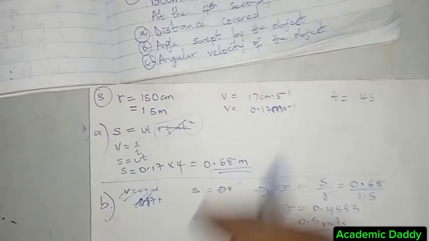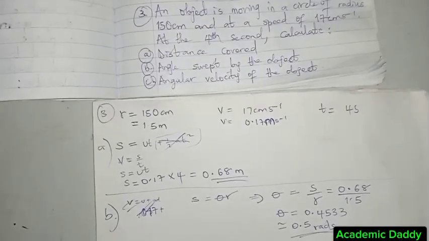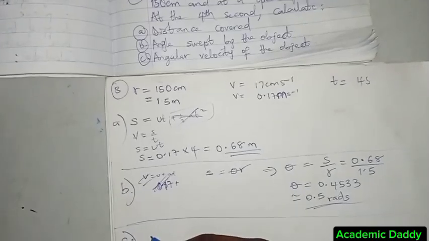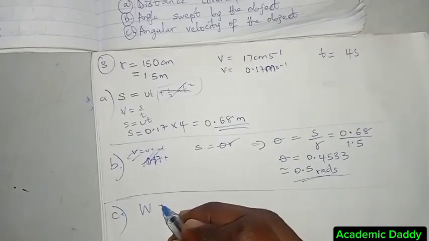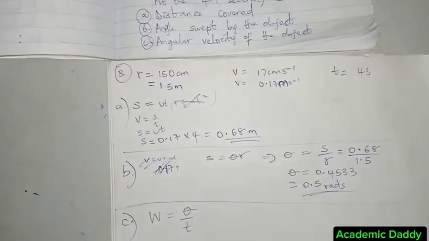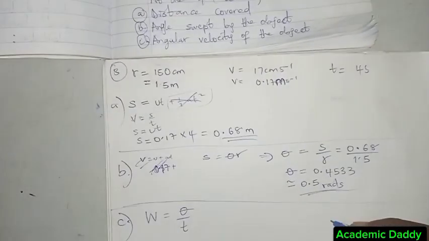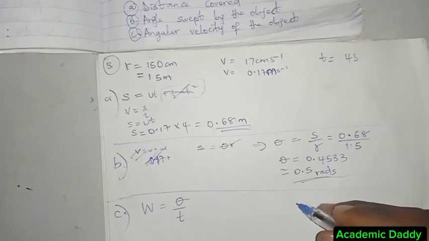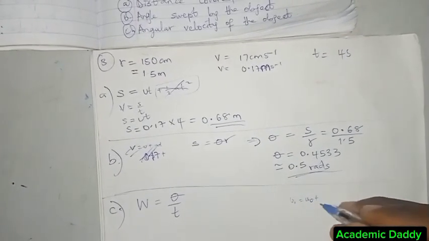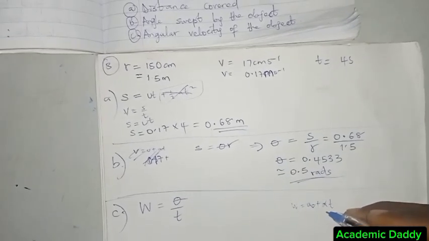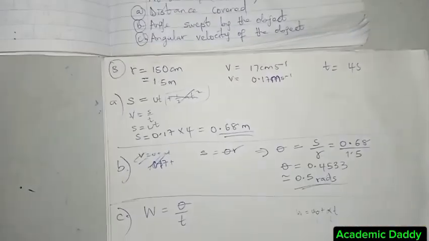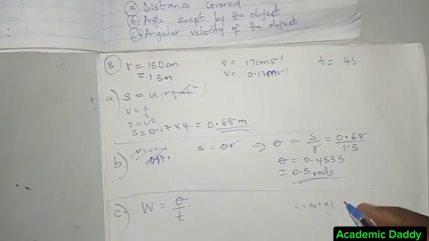Now, next one is angular velocity of the object. The angular velocity omega w is equal to theta over t. I don't have a, that's the reason. I could have used w equals w0 plus at, but notice that I don't have a, but I have v0, which is 0.17.